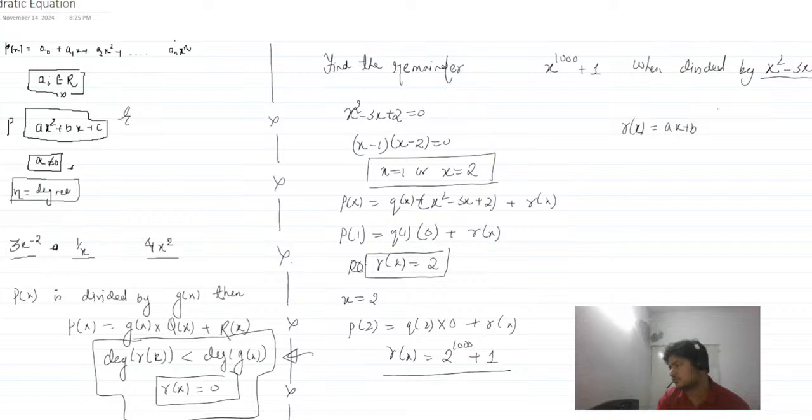So the whole value R(x) is written as Ax plus B. A is 2 to the power 1000 minus 1 times x, and B is 3 minus 2 to the power 1000.